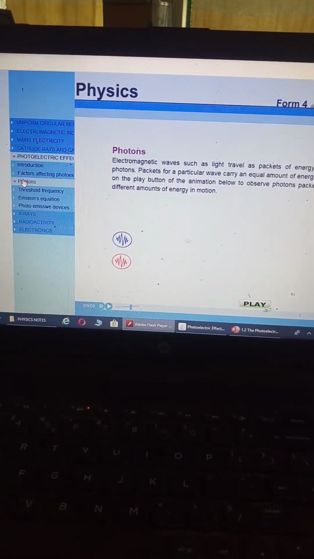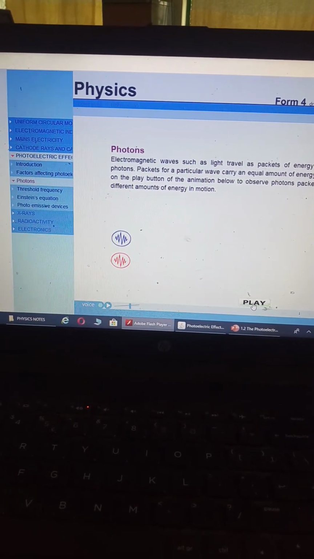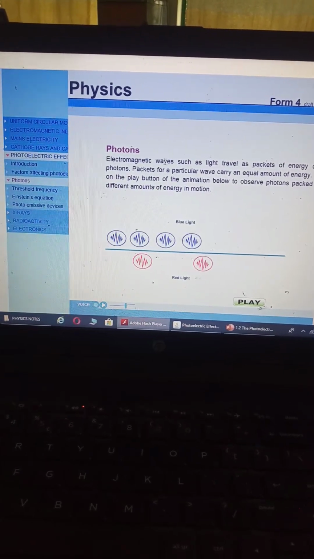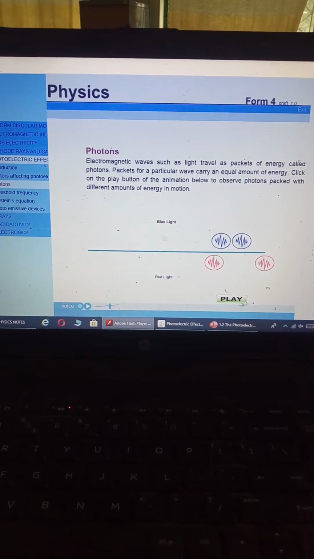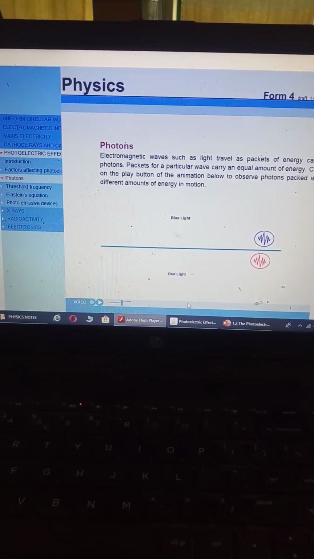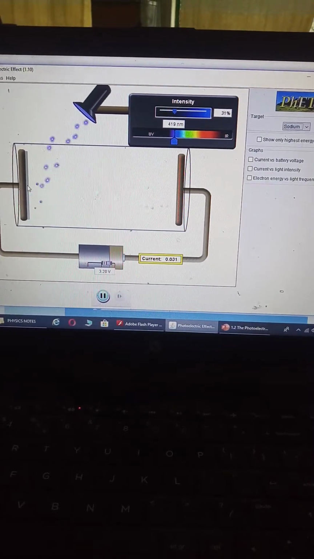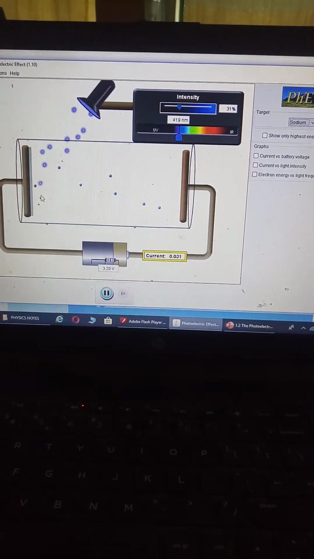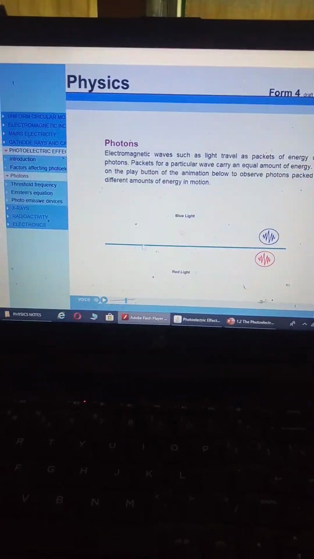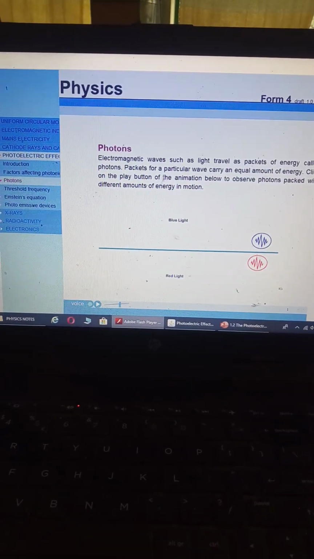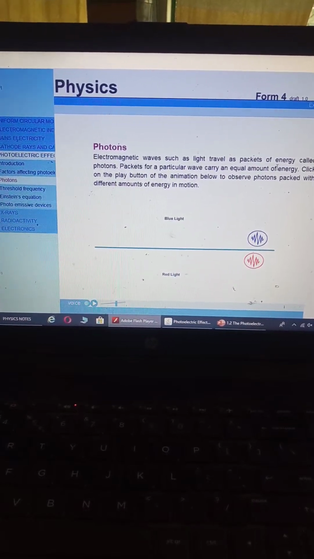We have talked about photons, that electromagnetic waves such as light travel in the form of packets of energy called photons. These are photons. They knock electrons and electrons are ejected. The packets from a particular wave carry an equal amount of energy.